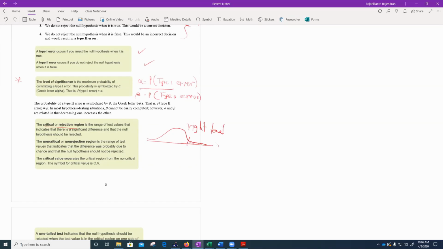You will first find one value here. This value is called the critical value.